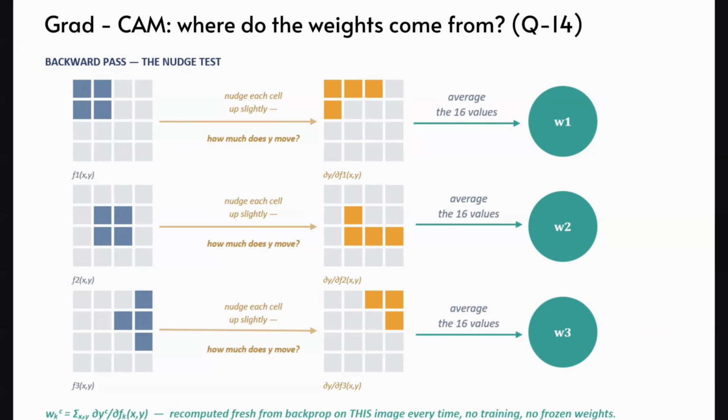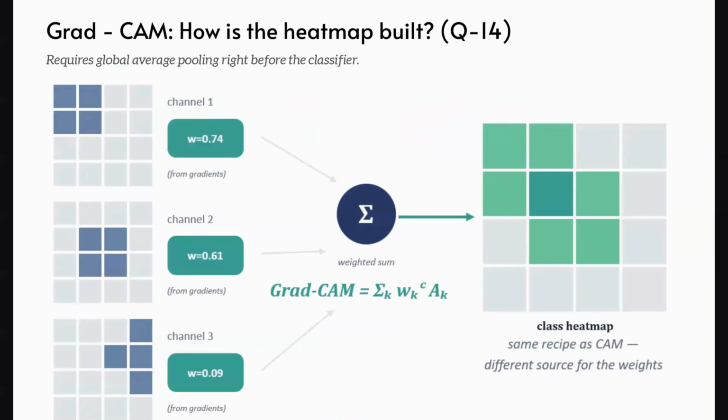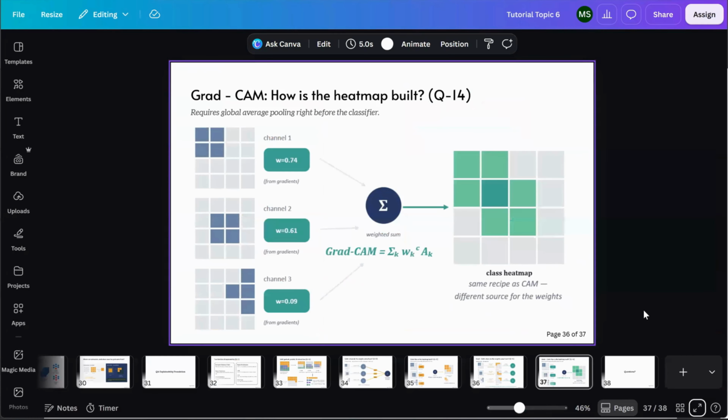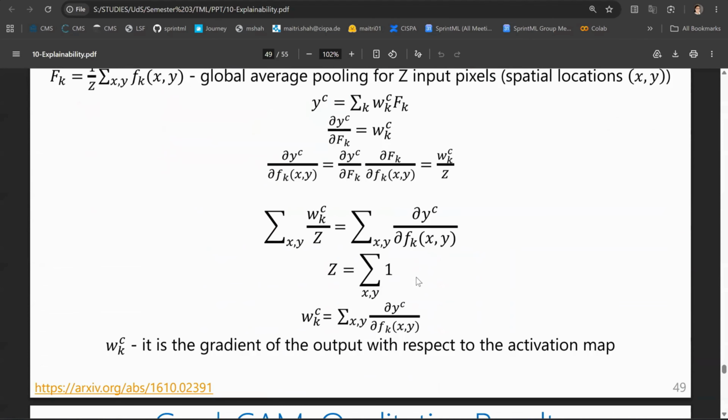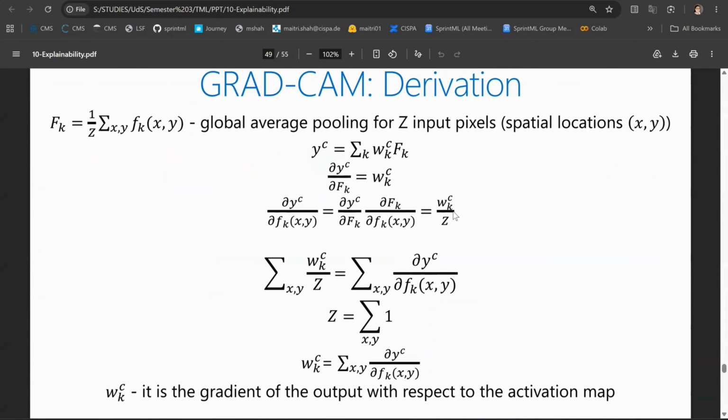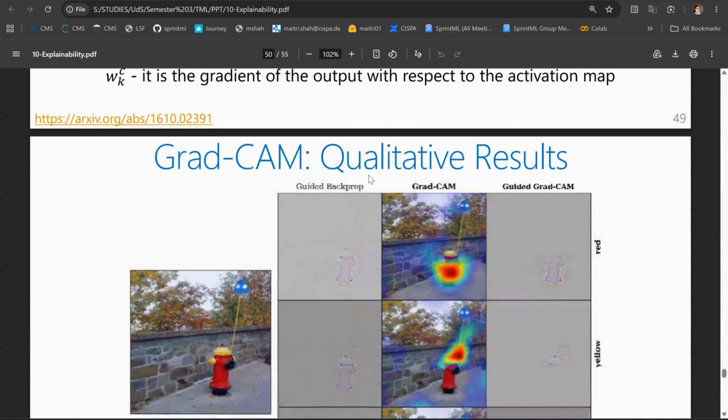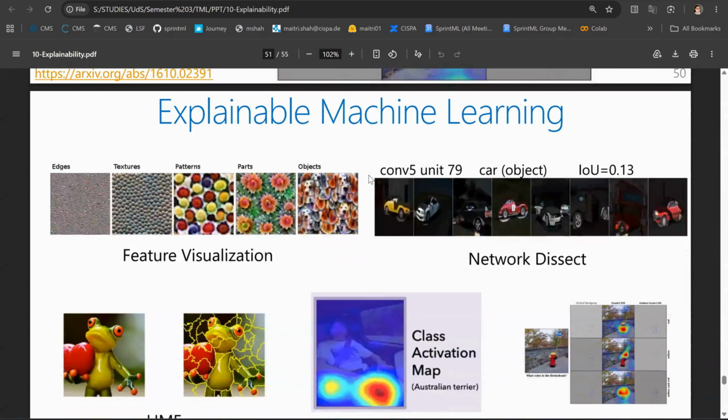And again, it's the same, multiplying the weights and getting the heat map. And I think even in the slides, that is how they are defining it. If you see, they are just directly doing the whole chain backprop to get the gradients, and essentially it is the same.